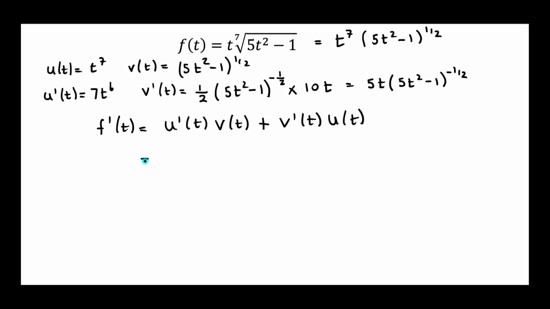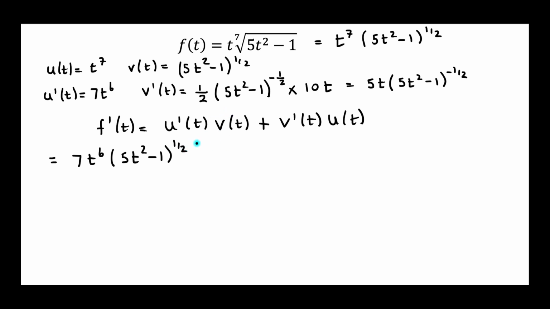I'll just start from here. So u dash t I've got here as 7t to the 6 times v(t), and my v(t) is this here, so that would be 5t squared minus 1 to the power of half.